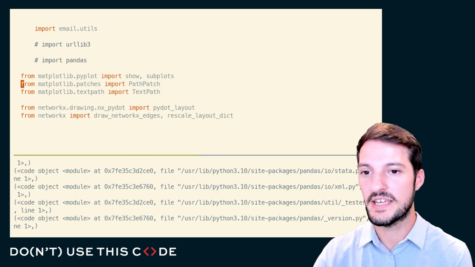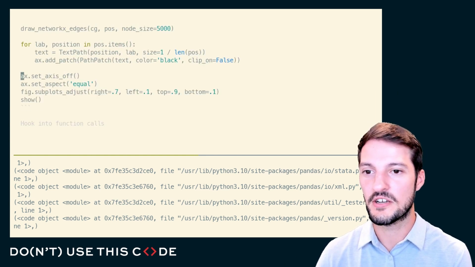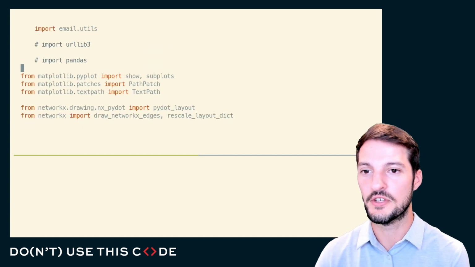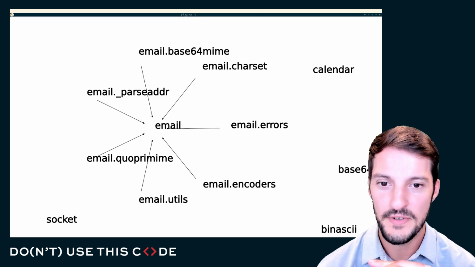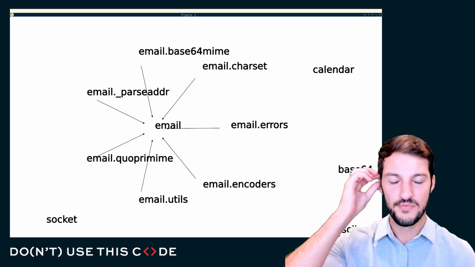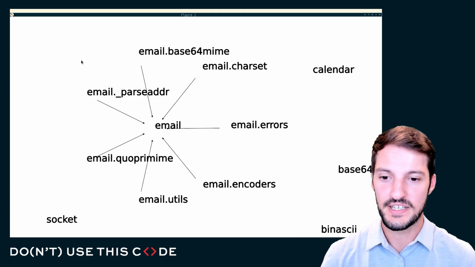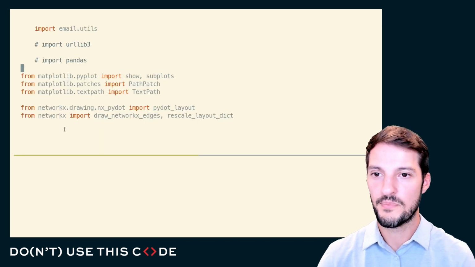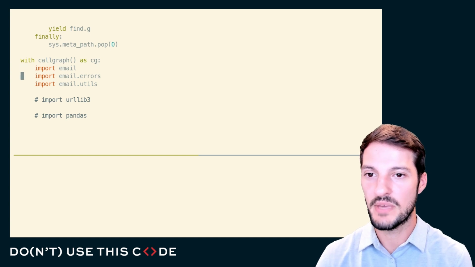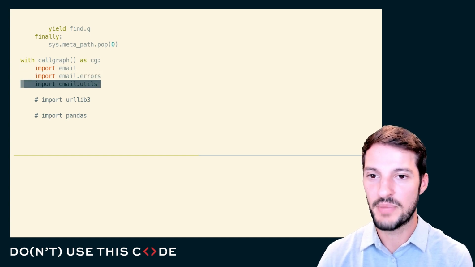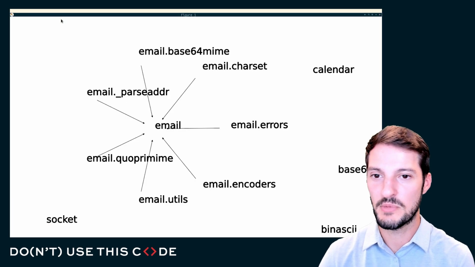I can import some things, and then I'm going to use just a little bit of code down here to plot this out for you in matplotlib. And so what we end up with is a very interesting diagram of all of the packages that are involved in importing email and then importing a subpackage or submodules from it.